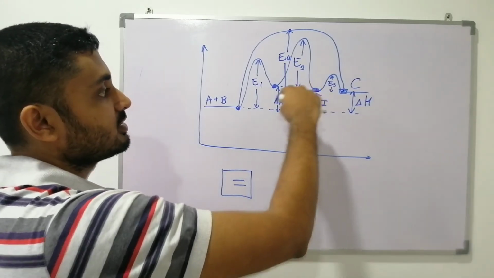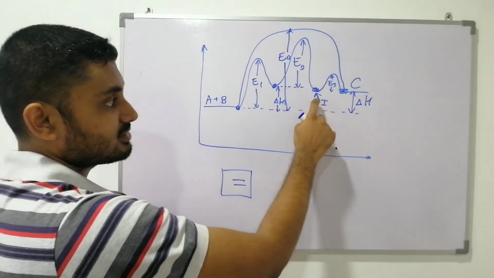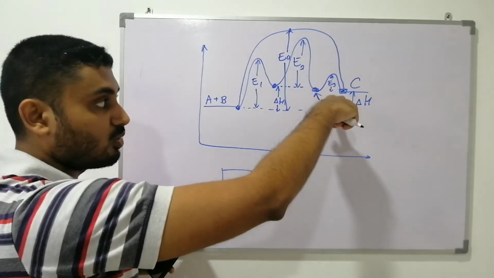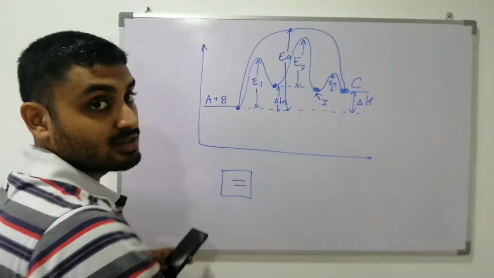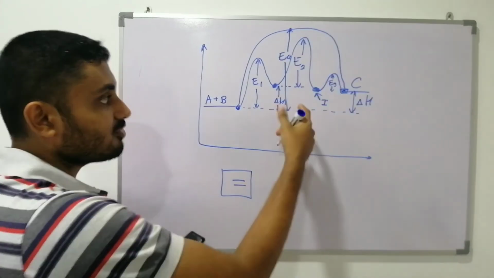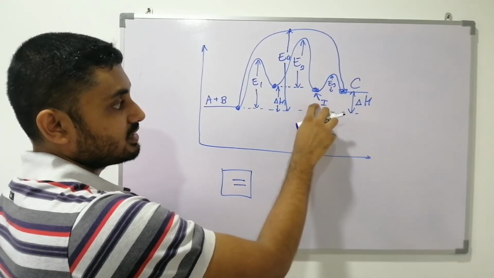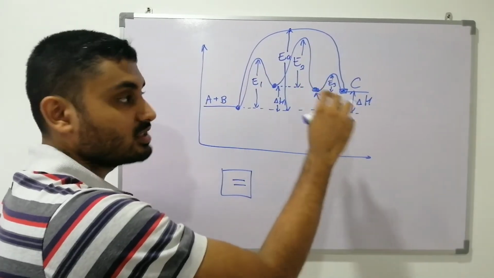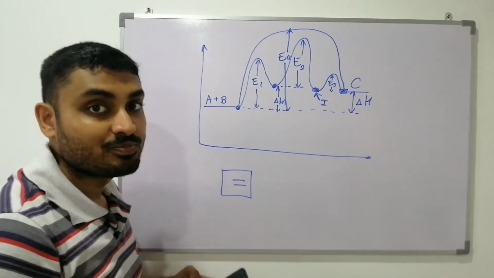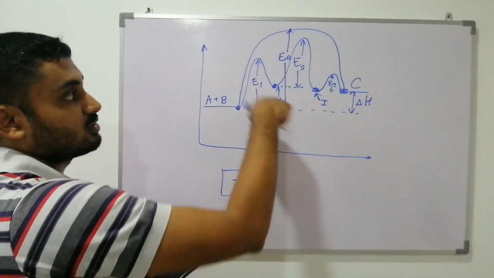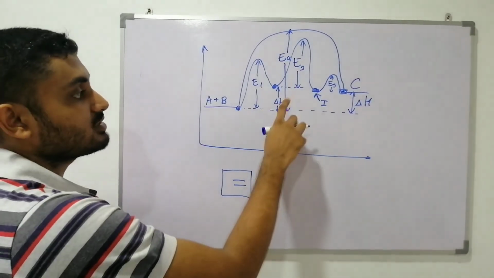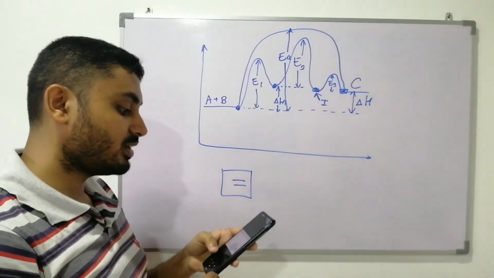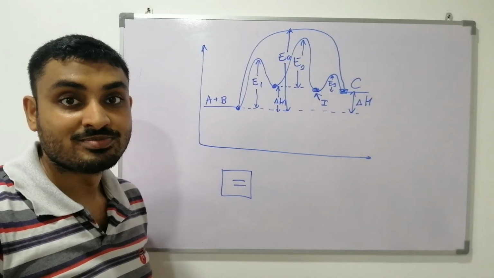When you get this I, after that you still have to go through another small activation energy to achieve C. Therefore the activation energy of the total reaction is definitely larger than delta H1 plus E2. So it is always correct, and therefore the answer is 5.